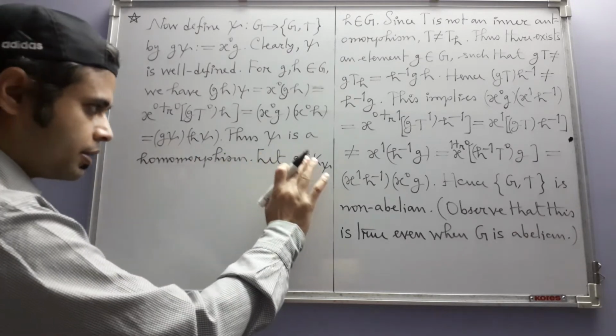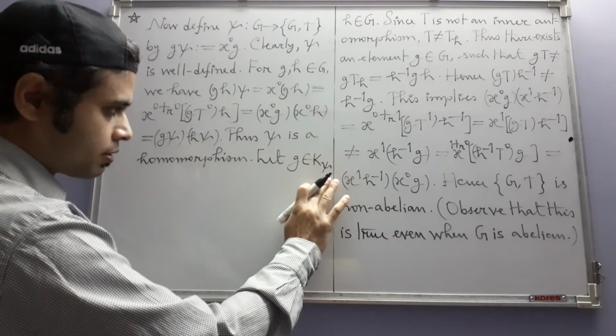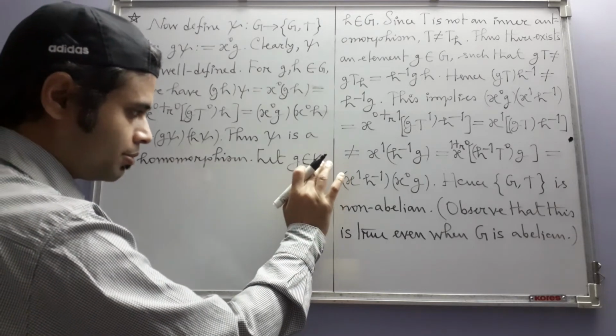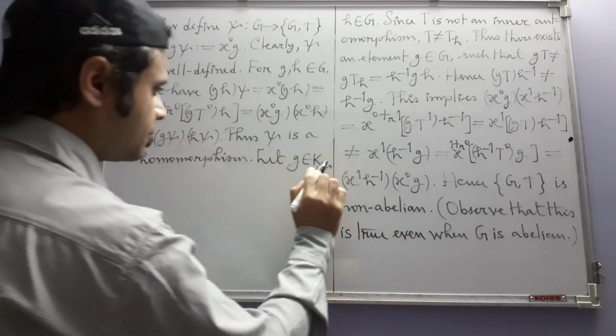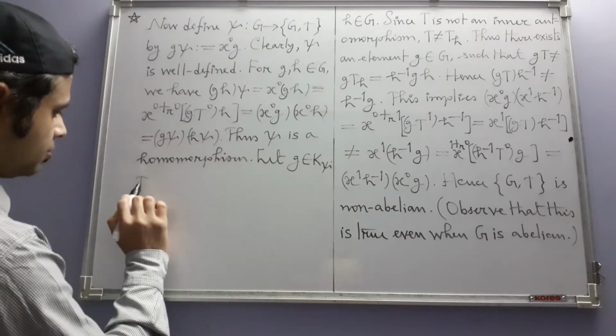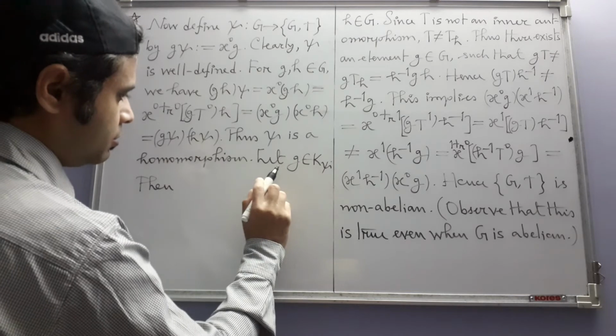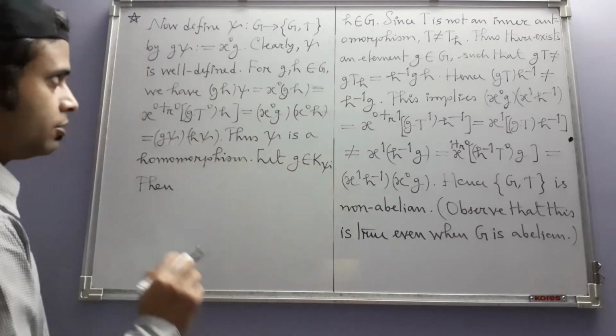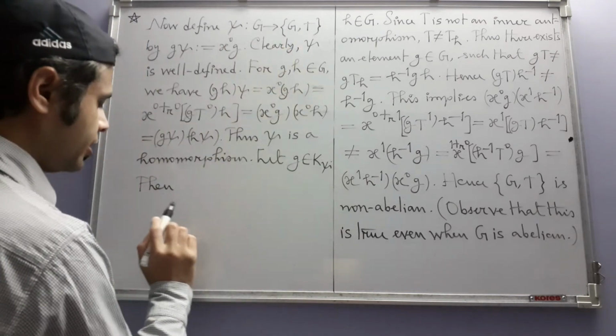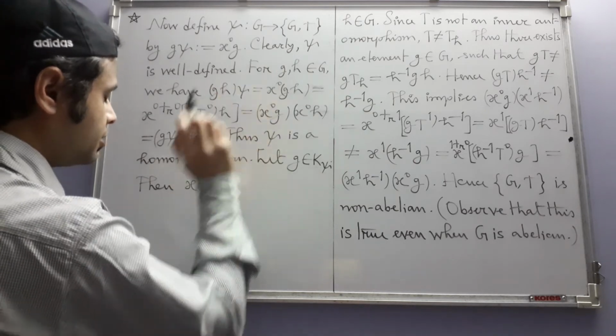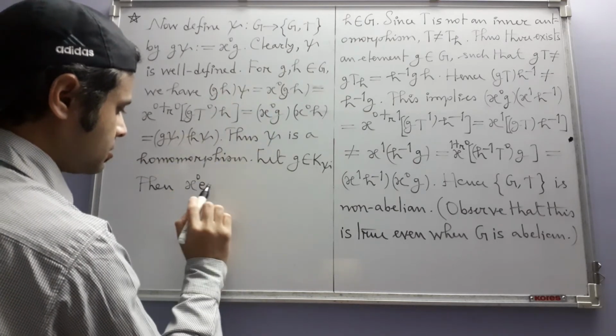This represents the kernel of the homomorphism psi. Then when we apply psi on G, we should get the identity element here. The identity element in this group is this.